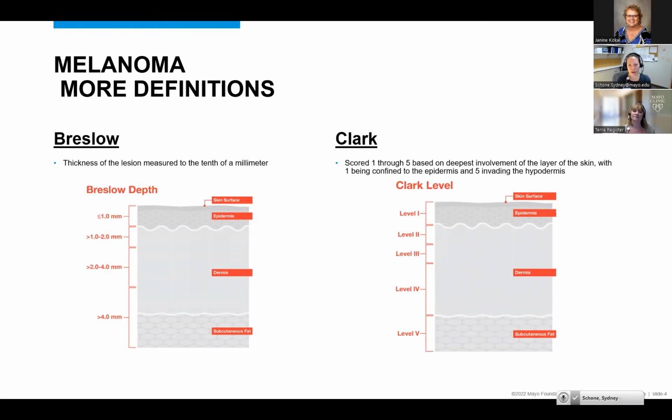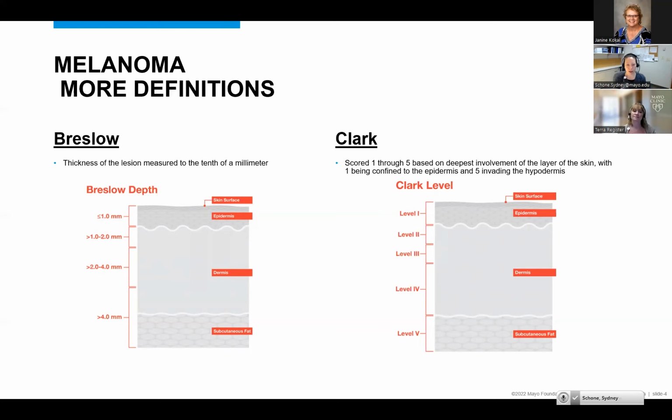And then on the right, we have the Clark staging system. This is scored 1 to 5 based on the deepest layer of the skin involved, with 1 being confined to the epidermis and 5 invading the hypodermis. So level 1 is where the melanoma is confined to the epidermis, or that top layer.